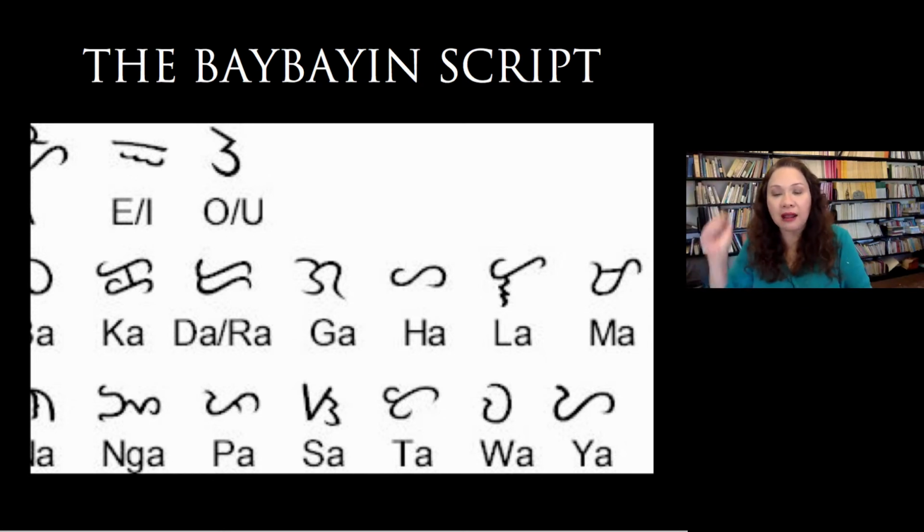So put Ra and then put a diacritical mark above it. Okay? And then put A. Now, what happens if your name has a consonant at the end? Let's say your name is Dani.